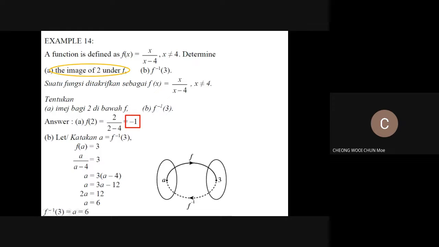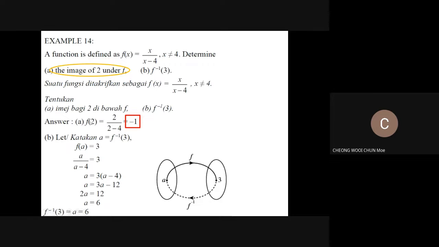Then we look at example 14. A function is defined as f(x) equal to x over x minus 4 and x not equal to 4. Why x not equal to 4? Because 4 minus 4 you get 0, impossible, the bottom cannot be 0. So determine A, the image of 2 under f.